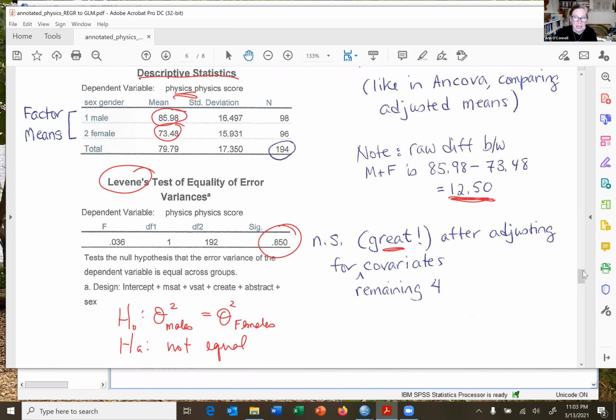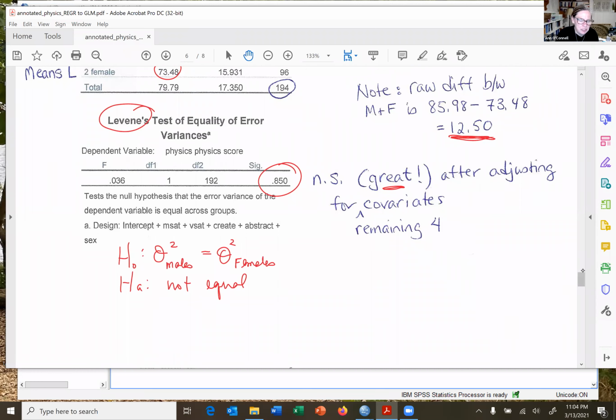That means we're retaining our null hypothesis. And this Levene's test is actually done on the data after adjusting for the remaining 4 variables in the model. So it's not just a raw HOV test on males versus females. It's actually controlling for the other predictors in the model, which is really nice.